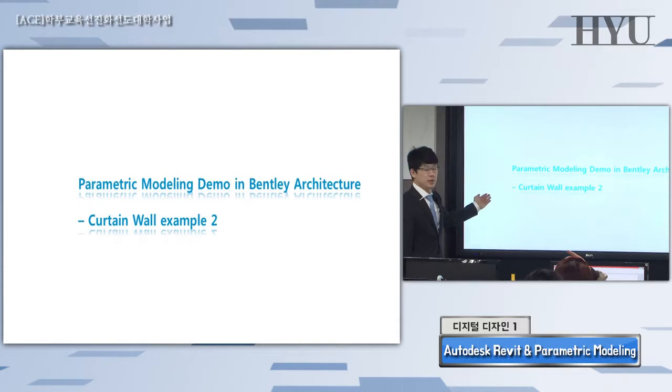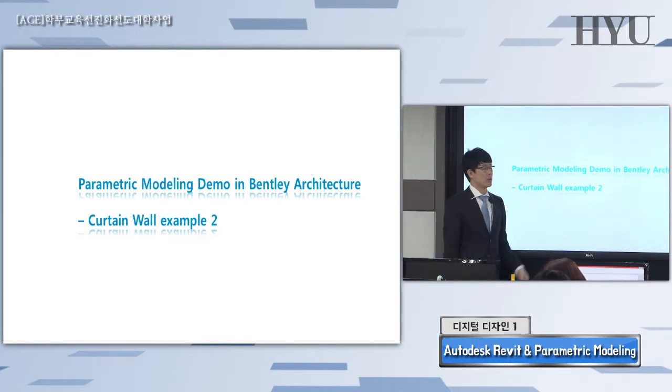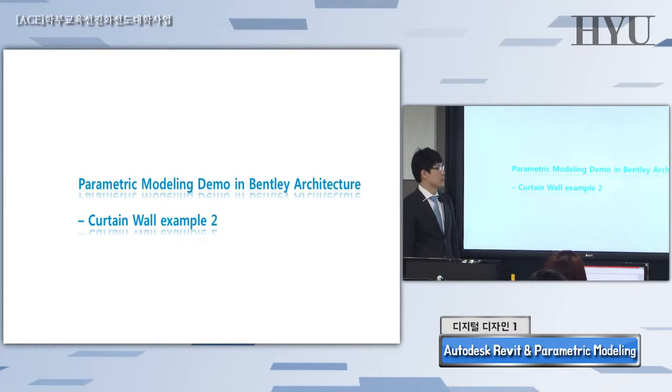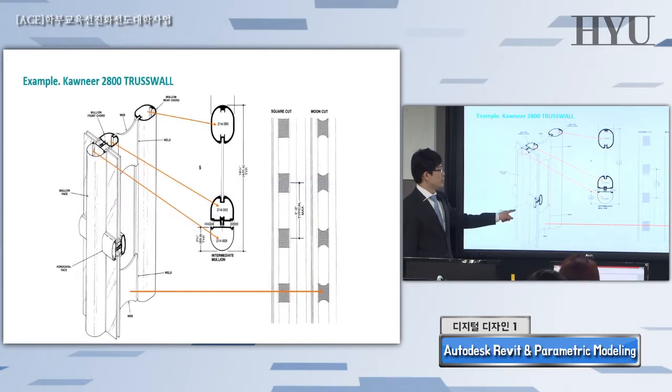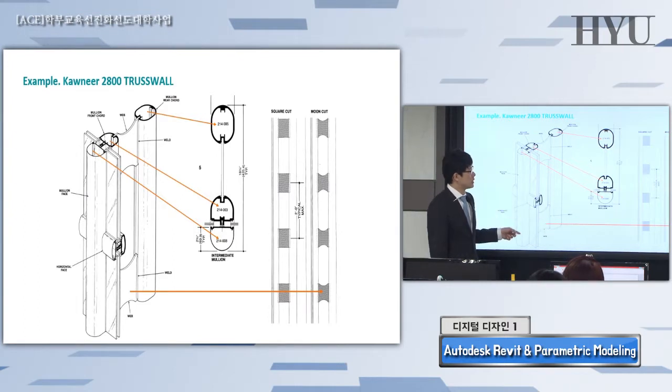By using the same example, the Cornell example, let me show you another parametric modeling example, also done by me and my colleague at Georgia Tech 9 years ago. Parametric modeling demonstration. At this time, I'm going to show you a Bentley Architecture example, not Revit, but similar to Revit, another BIM tool, okay? This is the detailed specification of that product.